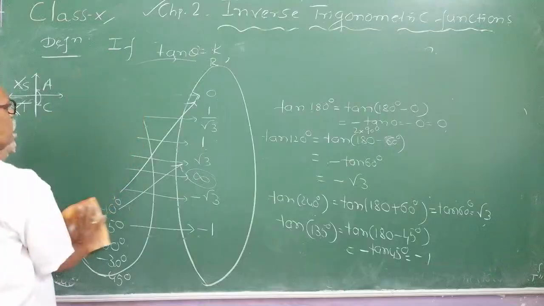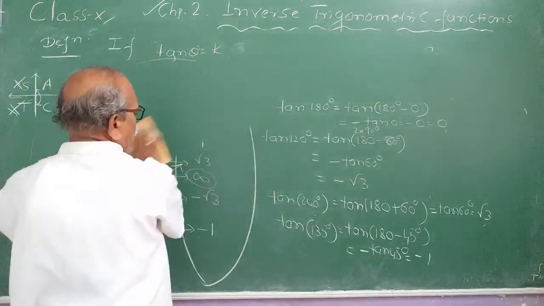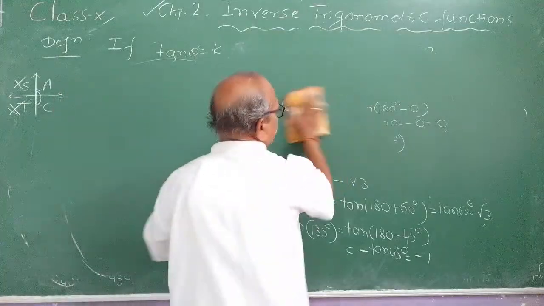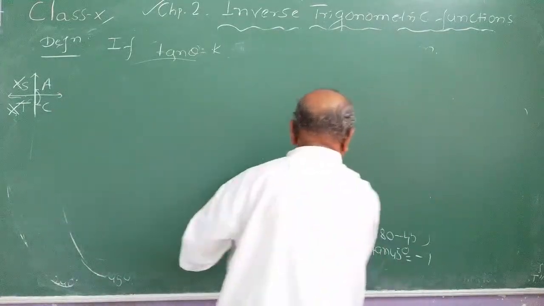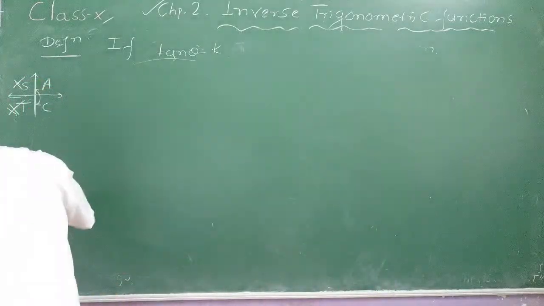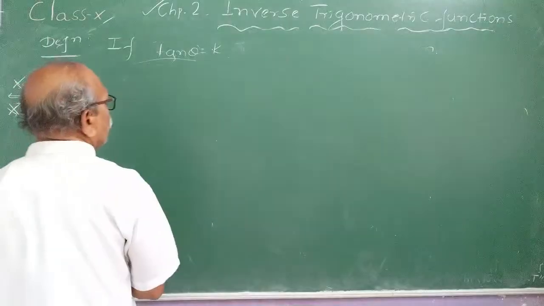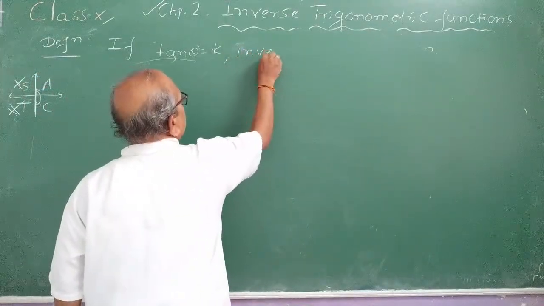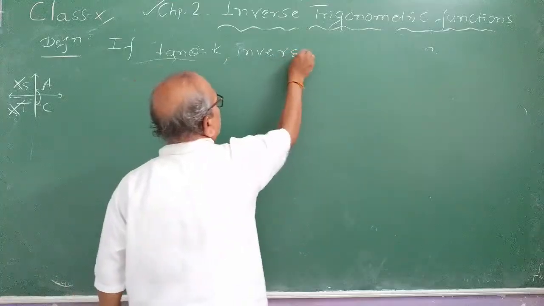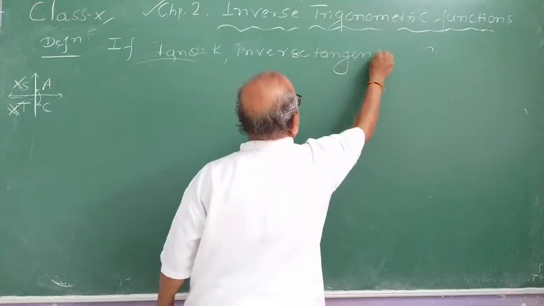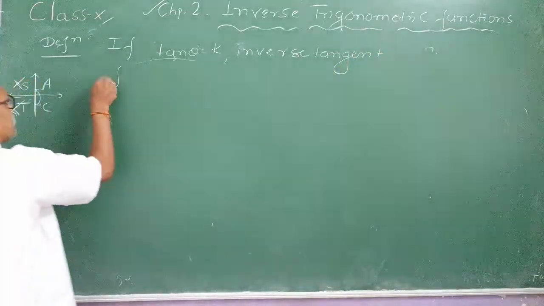I hope you understood the restrictions wherein you can define inverse tan function. Suppose that you are asked for 1 mark, inverse tan function. If tan theta is equal to k, we'll write inverse tangent function exists.